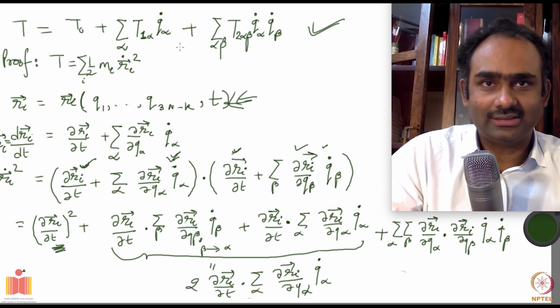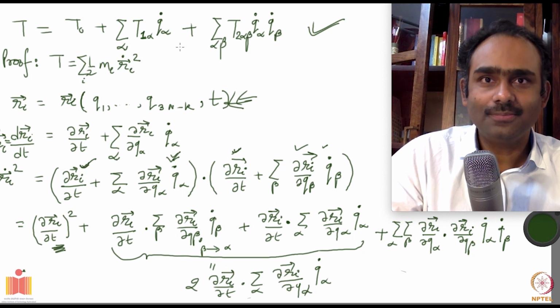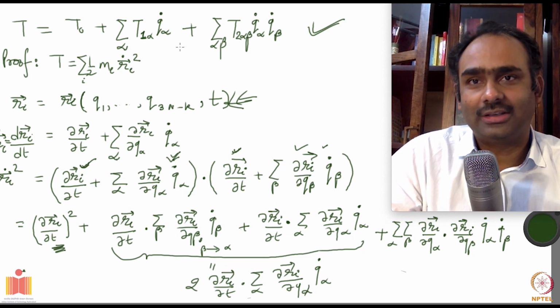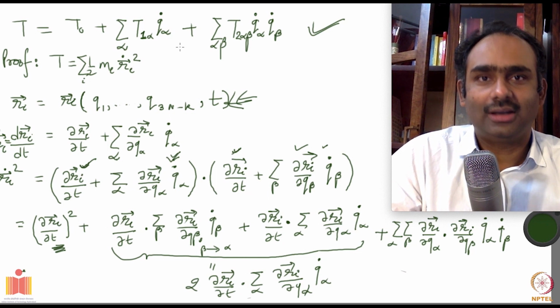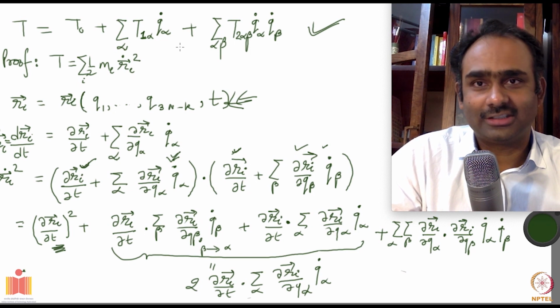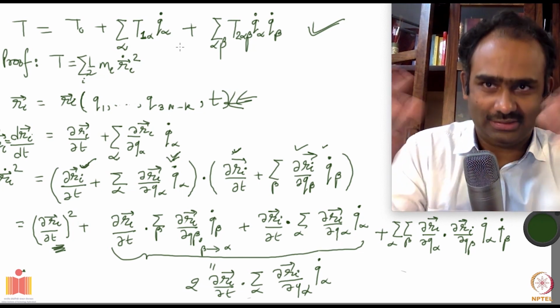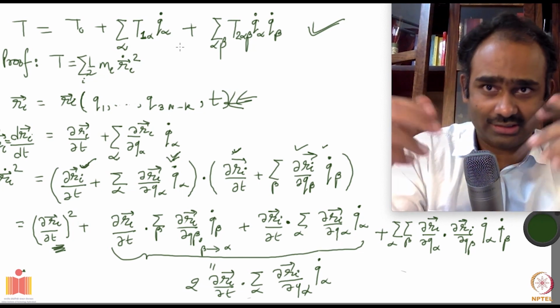There may be cases, depending on what kind of coordinates you are using, that some of the coordinates may not appear, and some generalized velocities may not appear linearly, but those will be specific to those cases. But that's the general result in front of you.